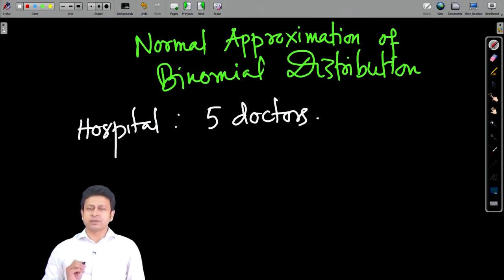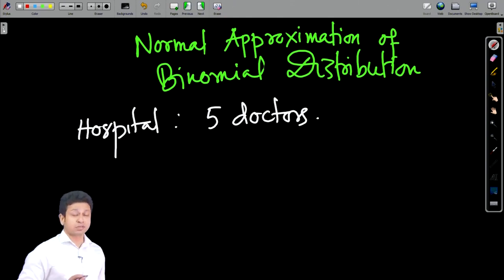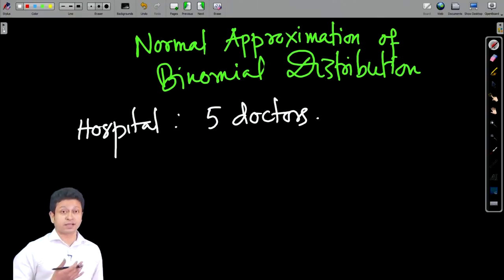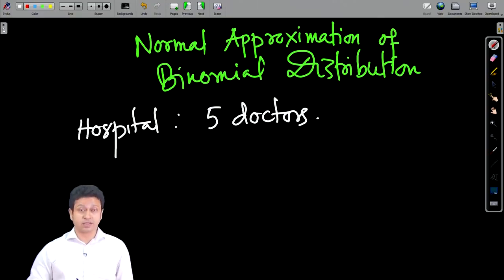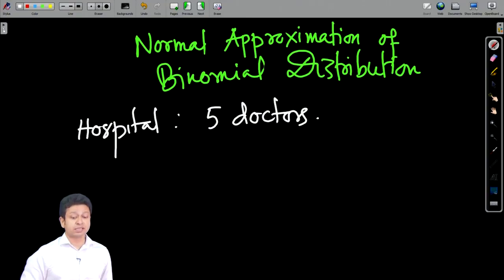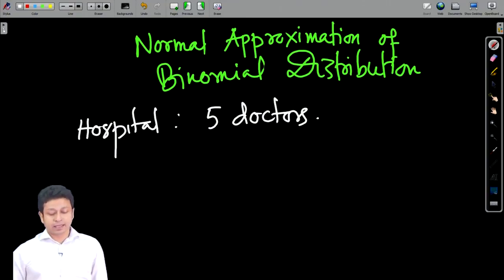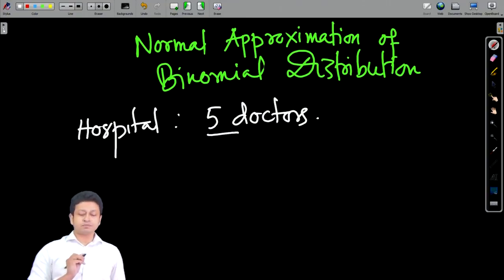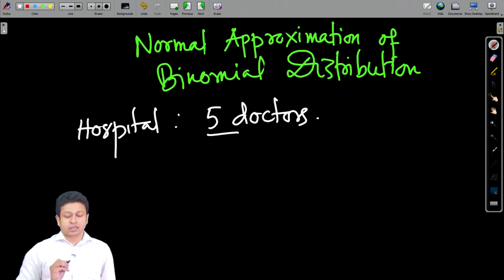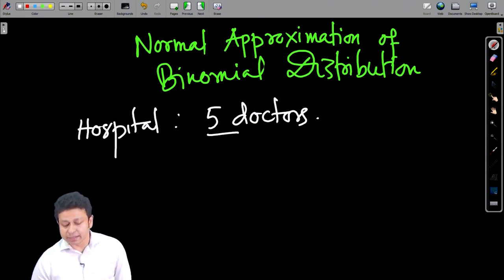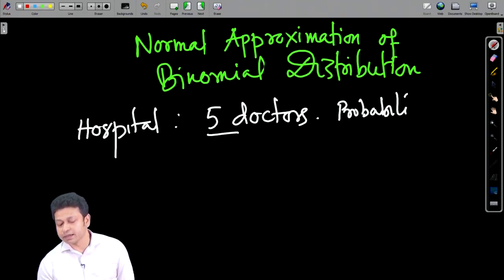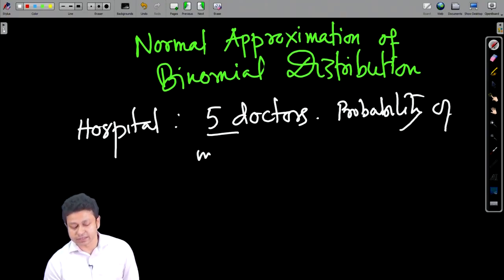So the hospital is really afraid that if all the doctors are infected, or if most of the doctors are infected, how it will run its business or how it will treat people during this tough time. Now there are 5 doctors, and the probability of infection, let us say, is 20%.